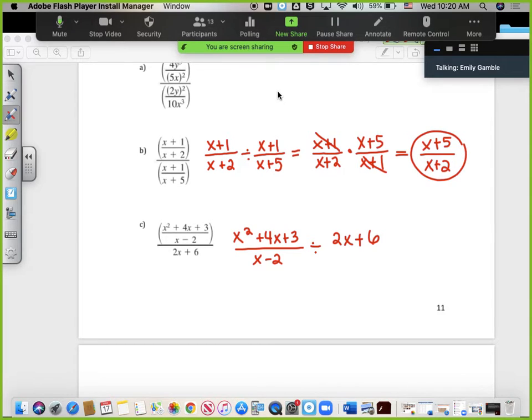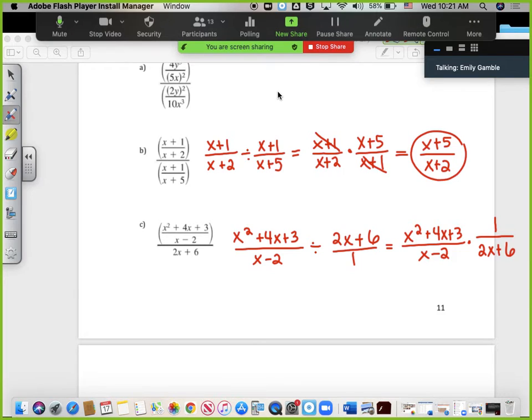So the second problem isn't already in fraction form. So when I go to keep, change, flip it, you're going to need to have the idea that it is a fraction. You can make it into one by putting it over 1 like that. So then when I rewrite it, it'll be x squared plus 4x plus 3 over x minus 2 times, flip it around, 1 over 2x plus 6.